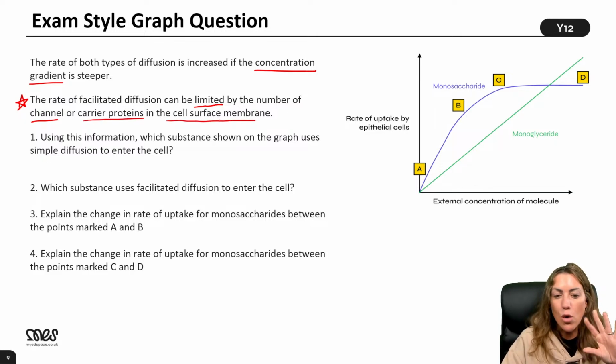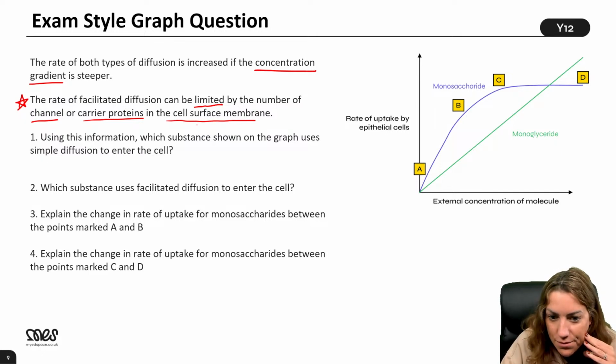With any type of diffusion, the steeper the concentration gradient, the faster the rate of diffusion. But with facilitated diffusion, the rate will be restricted by the number of transport proteins.